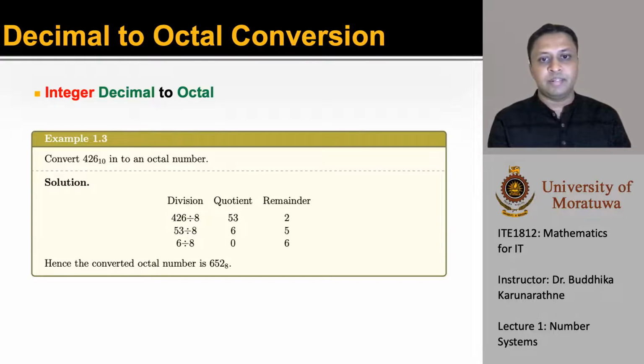You get the remainders here and you get the quotient to be 0. That's the stopping point. So you write the remainders from bottom to top, 652 in octal system. So 426 in decimal is converted to 652 in octal representation.